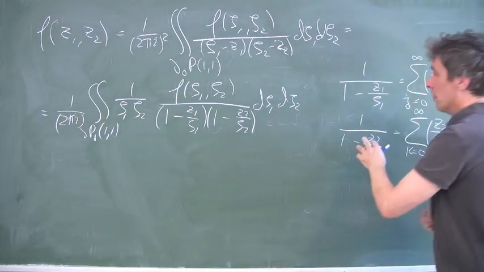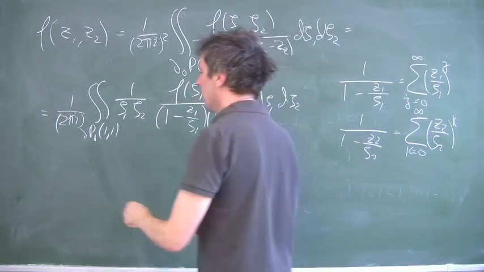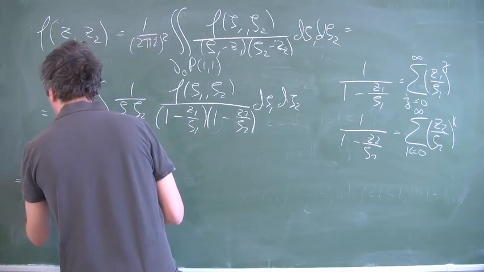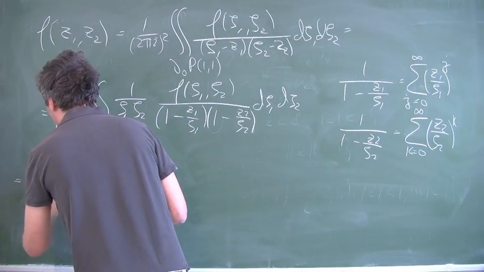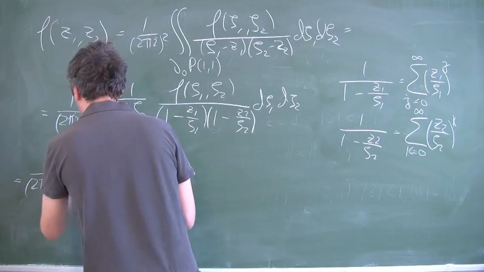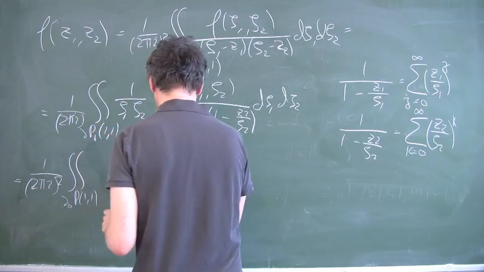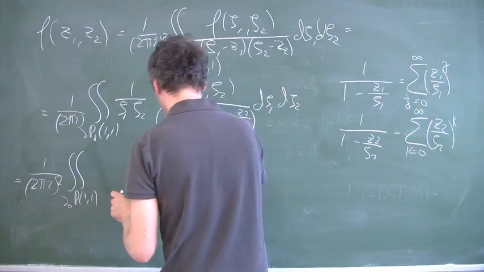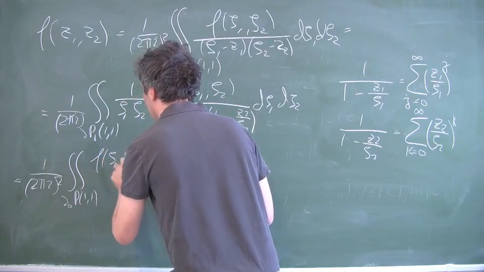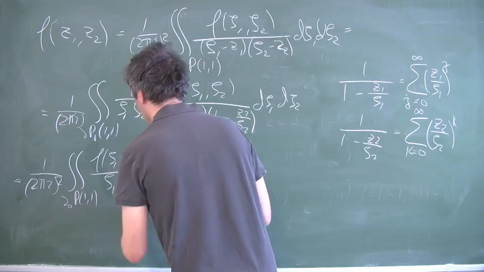And if you now simply insert these expressions instead of this part here, what we get is the following. We get 1 over 2 pi i squared, and then we have the double integral, and then we have f of zeta 1, zeta 2 divided by zeta 1 times zeta 2.